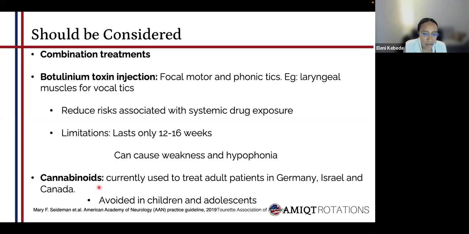CBD alone has not been shown to be effective, but there is very good progress being made regarding THC or derivatives. Actually, me and my colleagues are doing a systematic review on this topic, which is very interesting, that it might be the future. Avoided in children and adolescents, that's recommended by AAN, and that's because of the long-term cognitive effect that has been seen with cannabinoids in children.